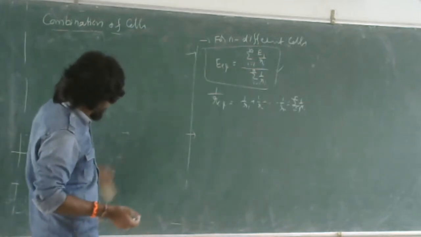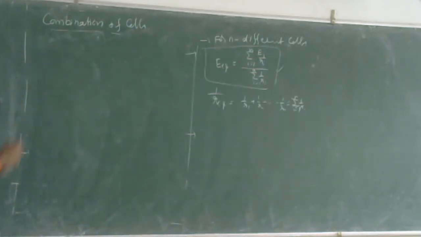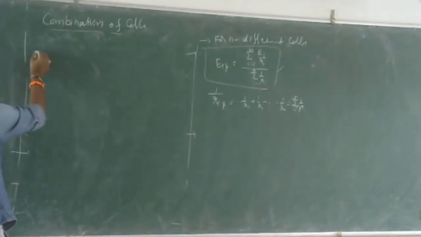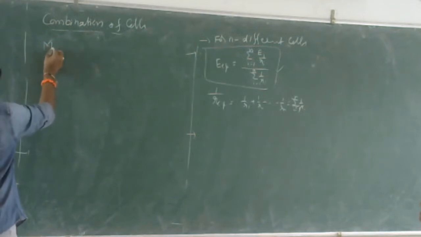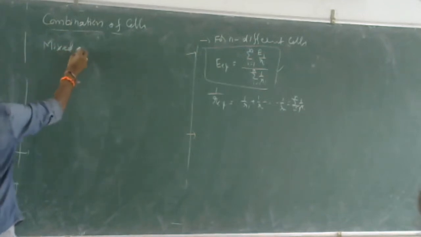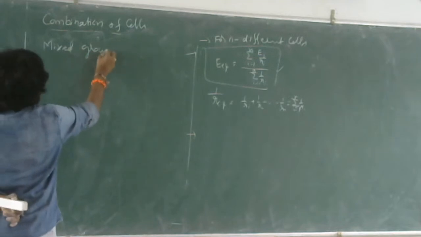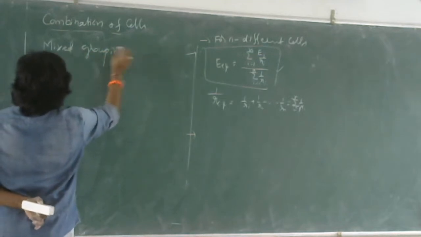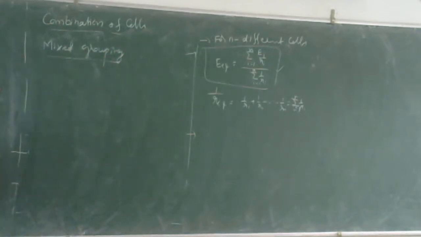Mixed grouping of cells. Again, here also if you are asked to find what is the current through the resistor, I will take that one. What is that? I is equal to E equivalent by total resistance.